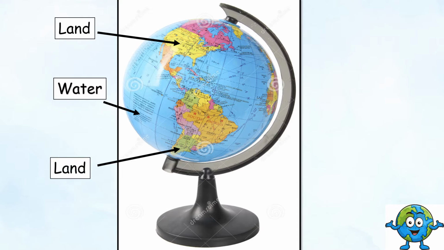So children, as you can see, the blue part which is the part of the water is more and the land, that is the part which has different colors, is less. So our earth is made up of water and land, but water is more.